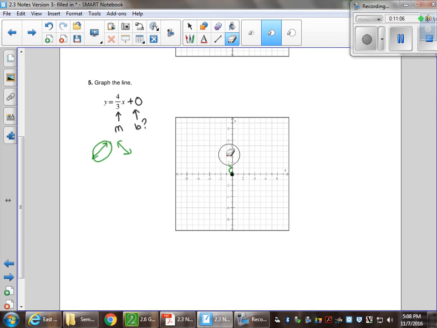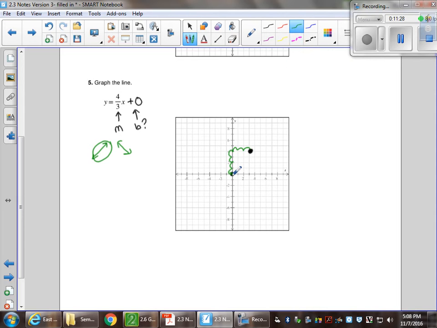Hold on. I can make them look better than that. See, I'm using pencil too, sort of. 1, 2, 3, 4. Now, am I going to go right or left 3? Well, keep that mental picture in mind. I'm going to go to the right 3. 1, 2, 3. So there's 1 point.